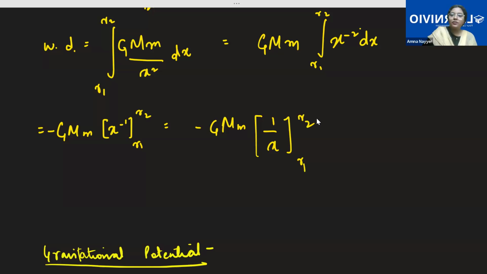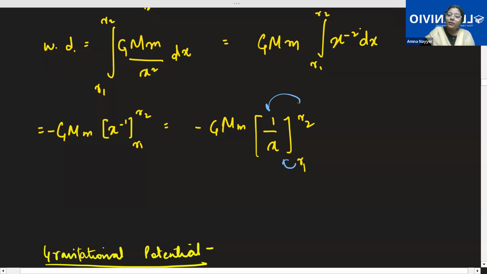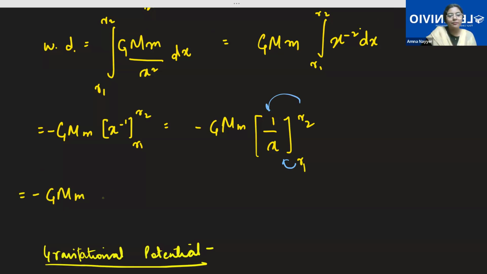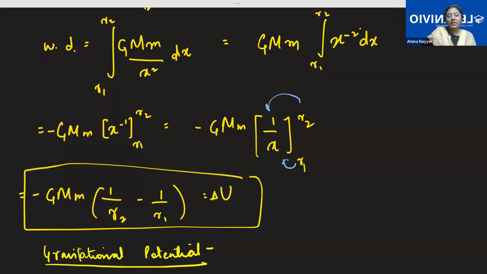Now what do we do, class? We put in the upper limit first and then the lower limit. This is the same thing which we did yesterday also, but one of the limits was infinity. So this will be minus GMm times (1 by r2 minus 1 by r1). This is the formula of potential energy difference.